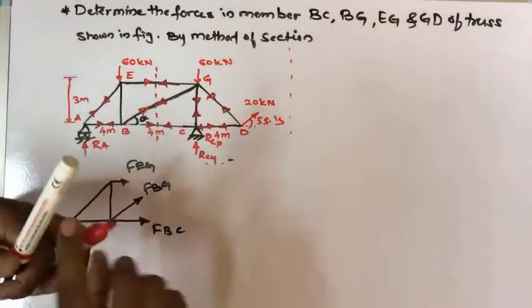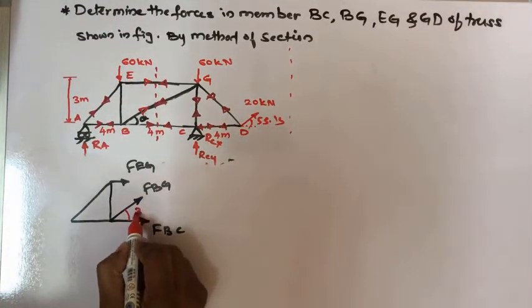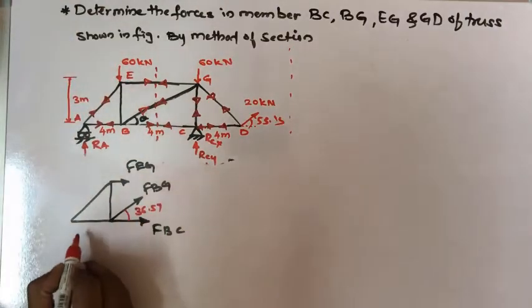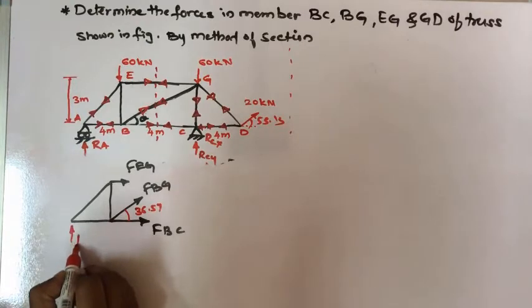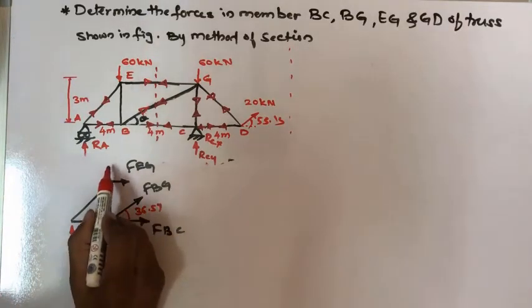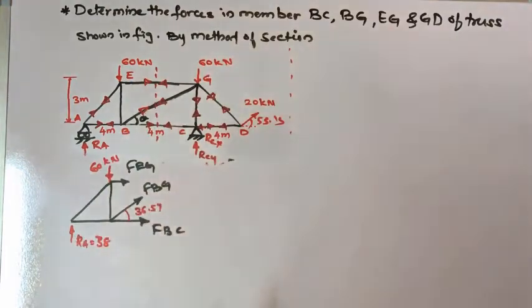Okay, we have even calculated the angle for that. The angle we got is 36.57, and the reaction we have already calculated, RA, which is nothing but 38. Then there is a load acting which is of 60 kilonewton. Okay, so this is your free body diagram.